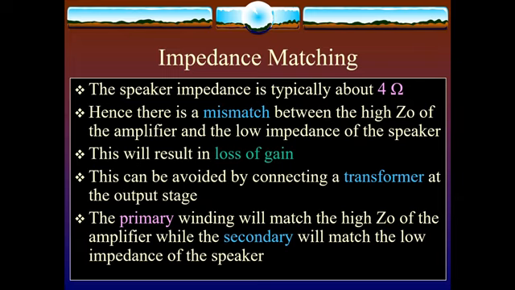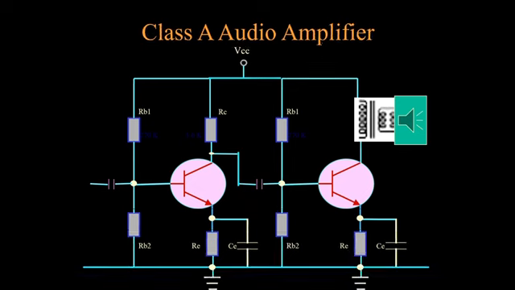So if you do all these things, proper impedance matching will occur so that the maximum power transfer will take place from the input towards the output. So this is the final Class A audio amplifier which has been designed. You can see that this is a common emitter we have used.